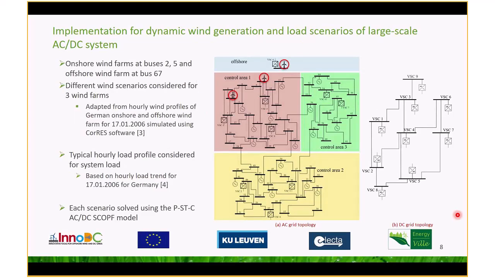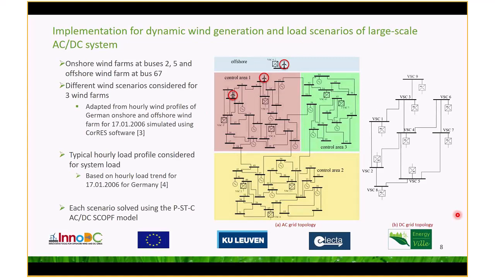In this system, there are a total of 3 wind farms. Out of these, there are onshore wind farms at buses 2 and 5 and an offshore wind farm at bus 67. Different wind scenarios are considered for these wind farms.